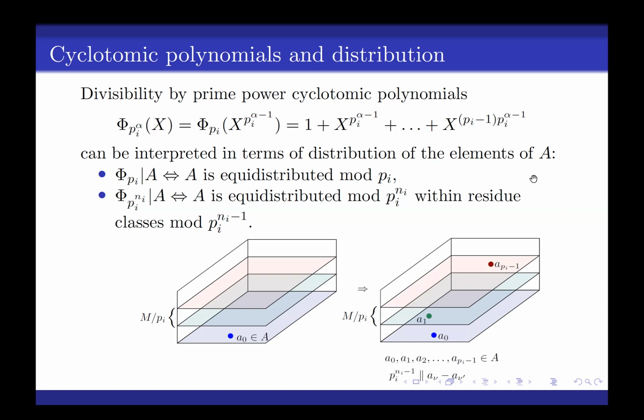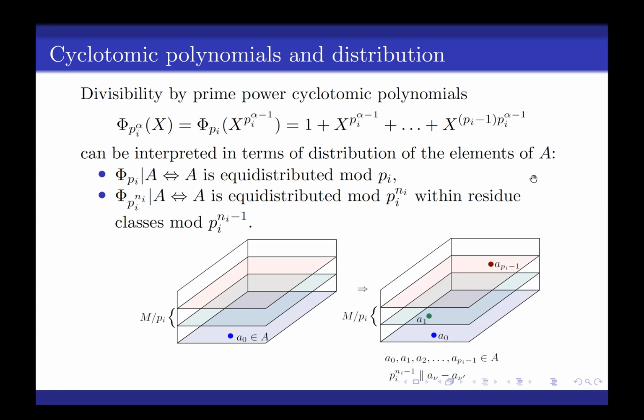In a similar way, if you take the other extreme, you take alpha to be the maximal power, so phi pi to the ni, this will be equivalent to A being equidistributed mod pi to the ni within residue classes mod pi to the ni minus 1. Or if you would like to use the geometric representation, you can just look at the system of planes whose pairwise distance is m over pi.